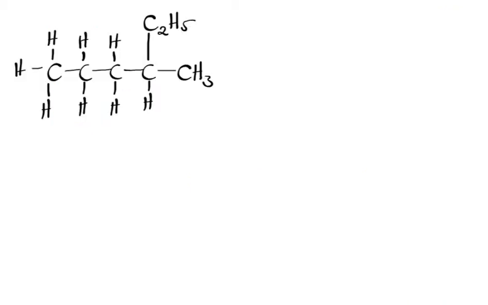Let's have a look at another example, see if you can draw this one out skeletally. So as I've drawn it there, again we have a chain of 5 carbons, and then on the second carbon we have C2H5 coming off. So that's a skeletal representation of this molecule. Let's see if we can name it.